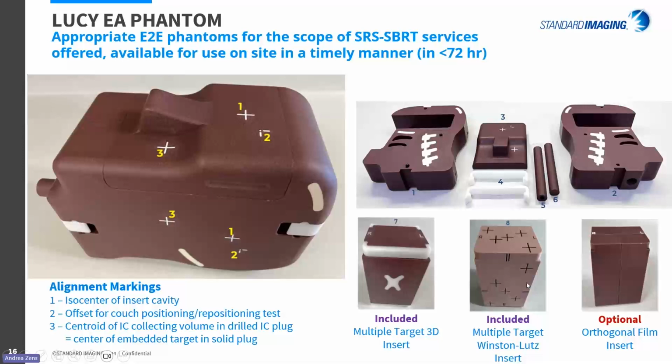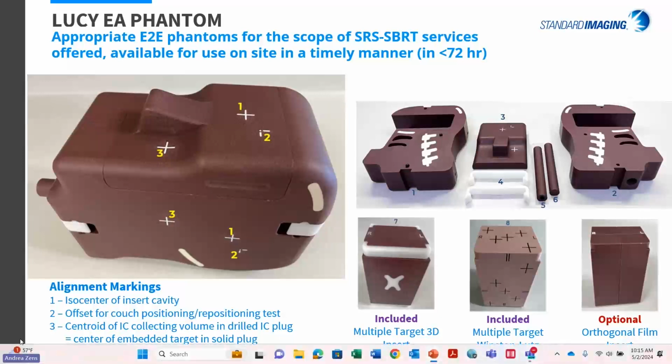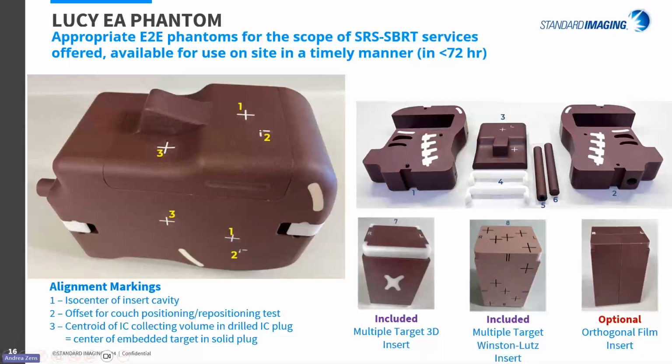The Phantom includes an extracranial cavity for detector, ion chamber, diode, or scintillator placement. One solid plug with an embedded target and one drilled plug for your detector of choice are included with the Phantom. The centroid of the detector's collecting volume is matched to the center of the target in the solid plug.